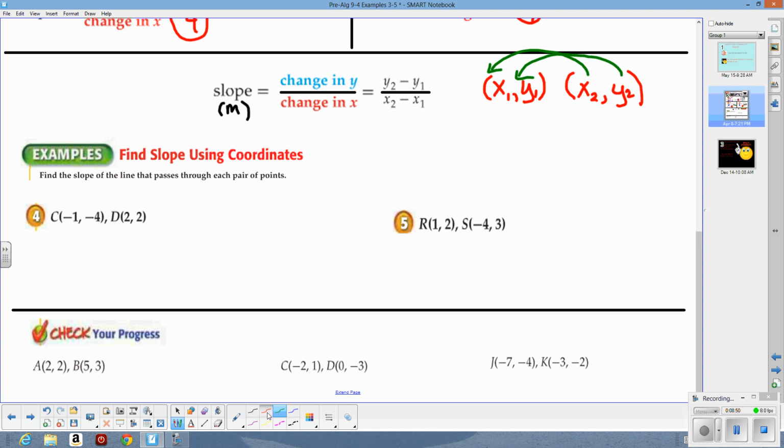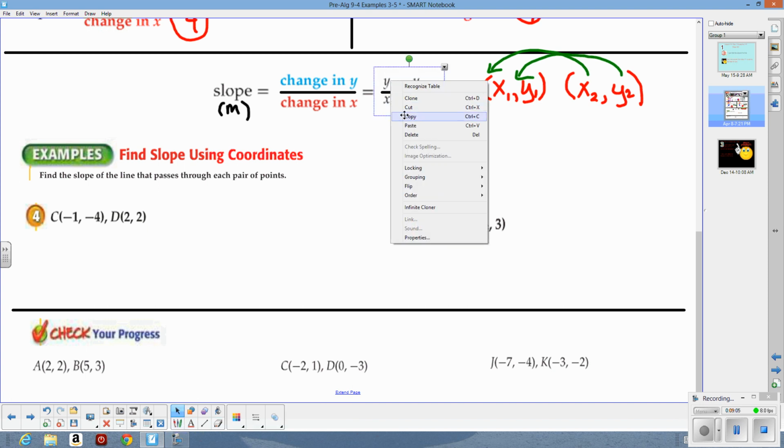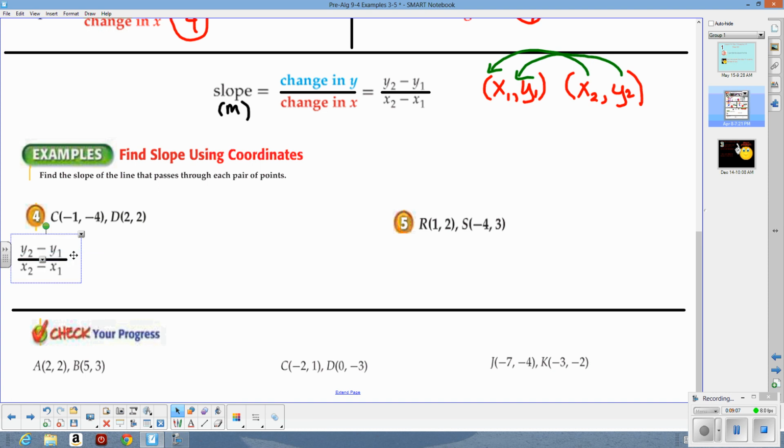All right, question number 4. Find the slope of the line that passes through each pair of points. So if I want to do this, I'm going to use this slope formula. So remember, this is x1, y1, and x2, y2.